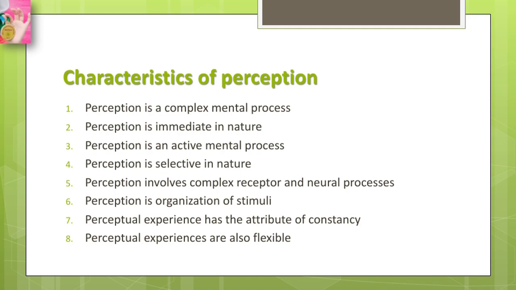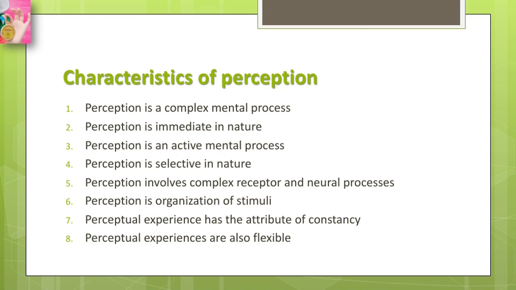For example, if we move around in a room or see an object from different positions, the retinal images are changed, and despite this we tend to perceive the object in its original form.